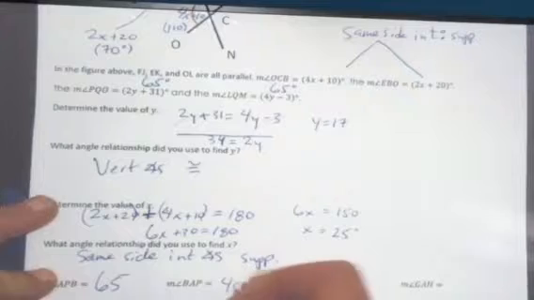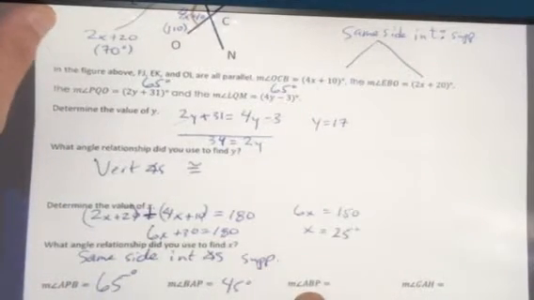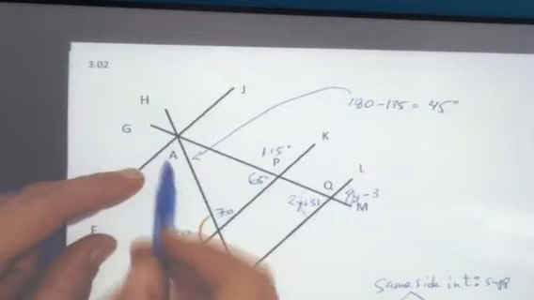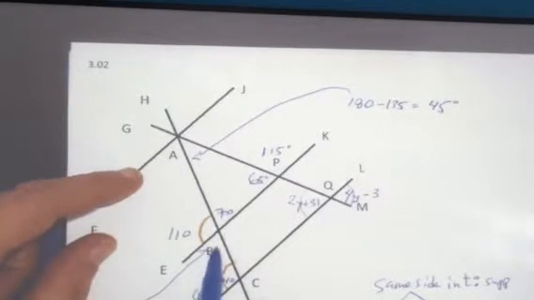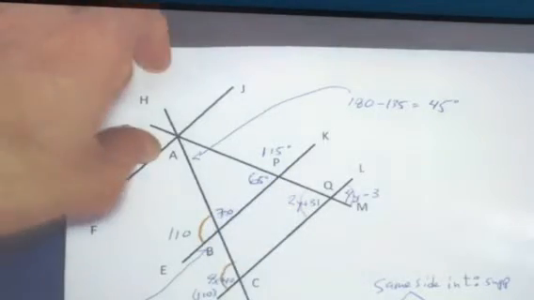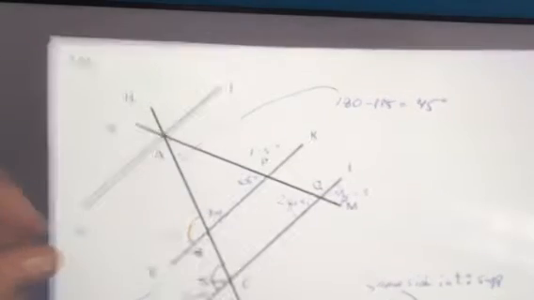So angle BAP is 45 degrees. Angle ABP, we already found that's 70 degrees. And then finally, angle GAH.